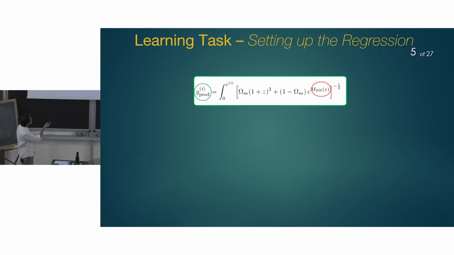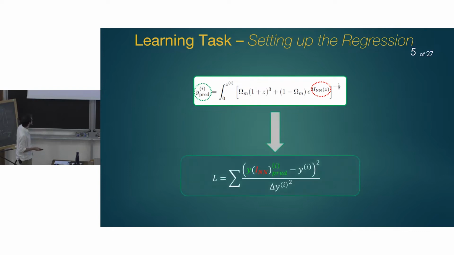The link between them is this integral functional here. So we fed both inside a loss function, so I_NN, which is our function, and the prediction I, which of course is a nonlinear functional of the I_NN, and the error was simply the squared error weighted by the statistical error of the data. So this is the setting.